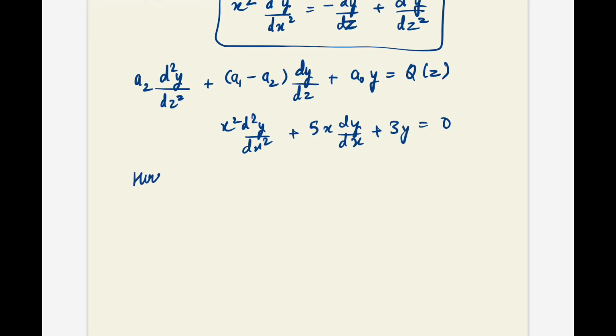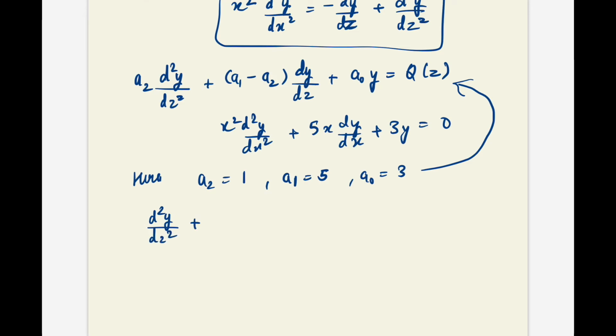Here a2 is 1, a1 is 5, a0 is 3. Substituting these values in this equation, we get d2y by dz square plus a1 minus a2, means 5 minus 1, that is 4, dy by dz plus 3y is equals to 0.